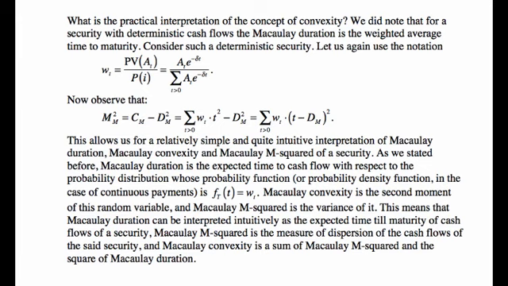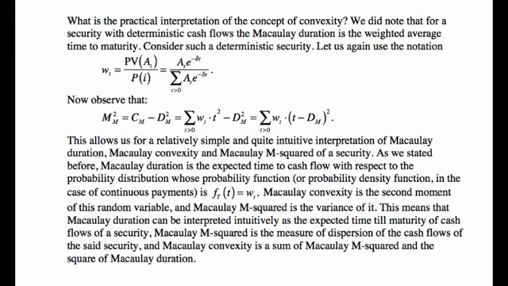But if we write things with those weights, you see that Macaulay convexity is just the second moment of this random variable, artificially defined, and Macaulay M squared is the variance of it.